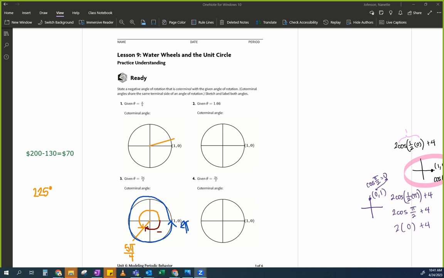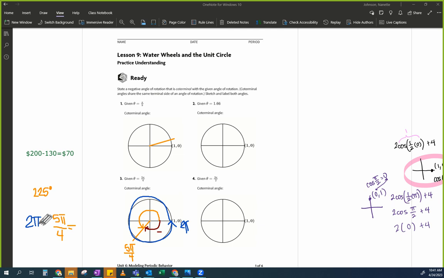So the math sentence that I'm going to write is going to be 2 pi minus what? Yeah, 5 pi over 4. And this is how I do the math. I know you guys are geniuses when it comes to fractions, but this is the way I do it.